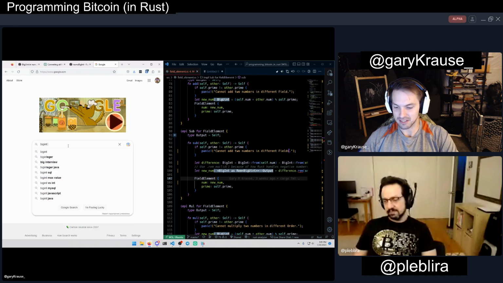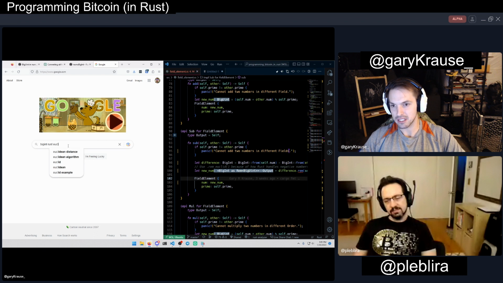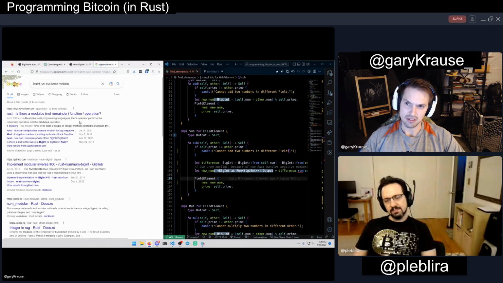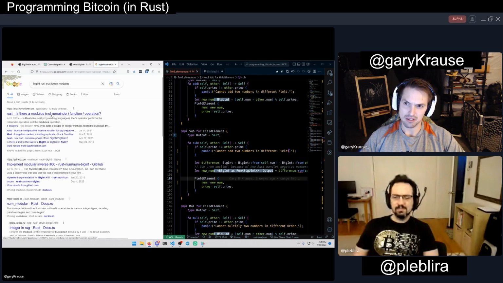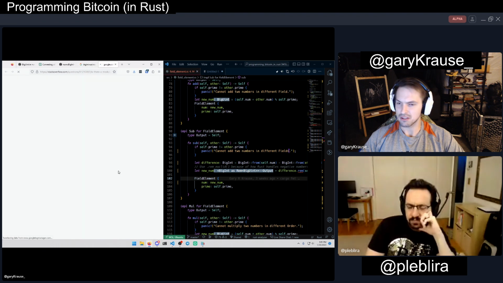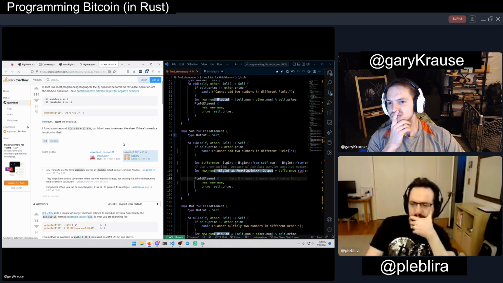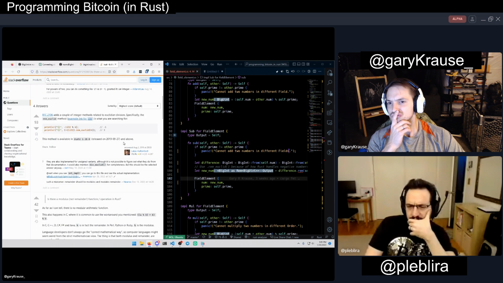BigInt Rust Euclidean modulus. I think this is the one that we looked at before.